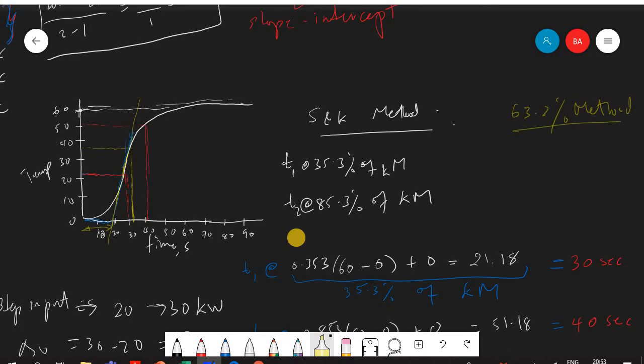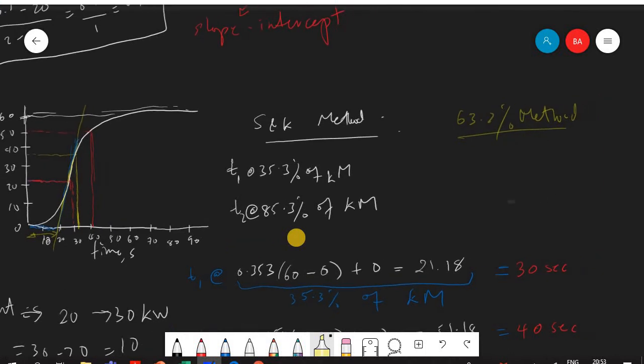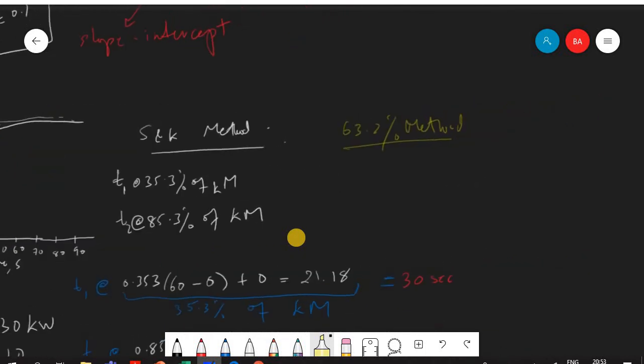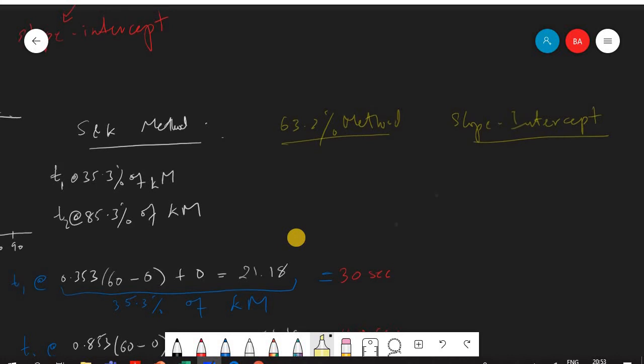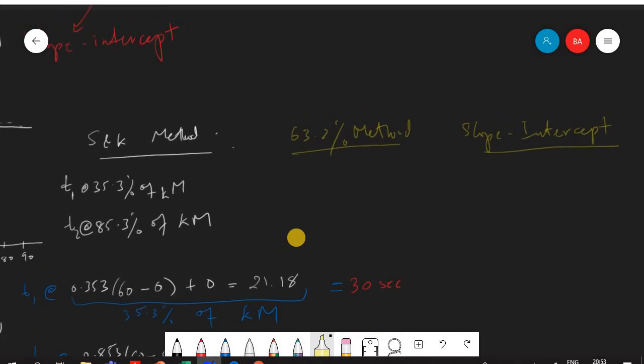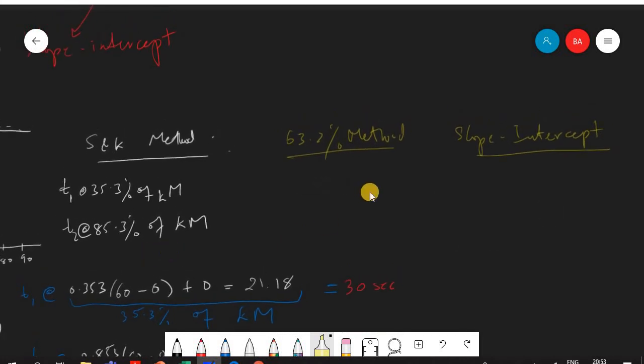So just applying the 63.2% method, and then I'm going to talk about the slope-intercept method, because they are two different kinds of method, even though they have the same basis. Now I'm trying to do the 63.2% method.